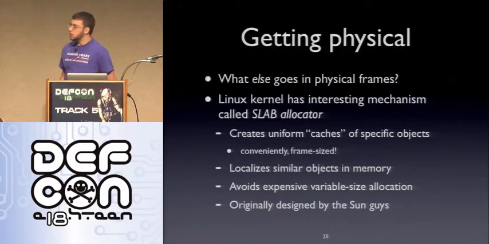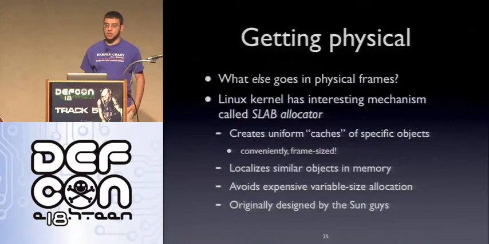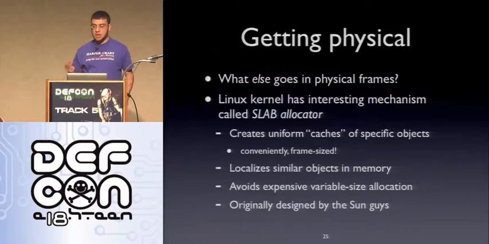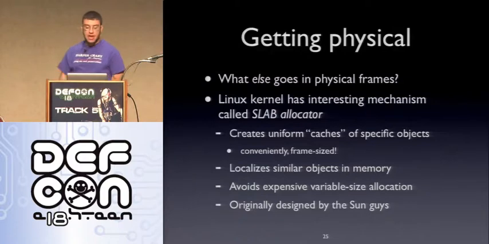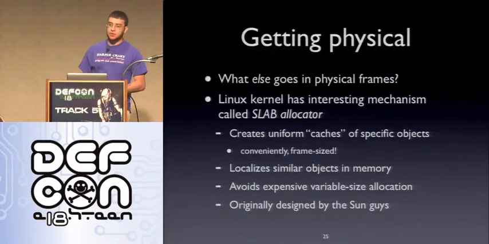To reduce fragmentation from a whole bunch of differently sized objects, we localize every object that's similar in memory. Every object of the same type, we pack into a frame, and now we have frames full of these objects. These caches are frame size. Sometimes they can be 2 frames long.